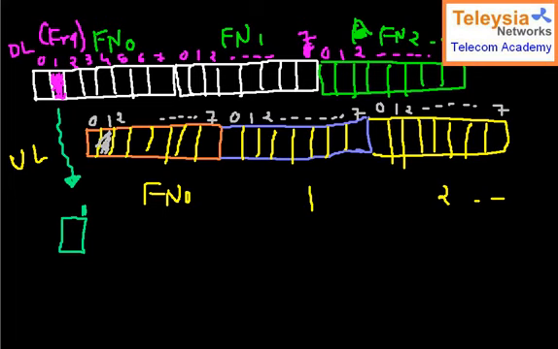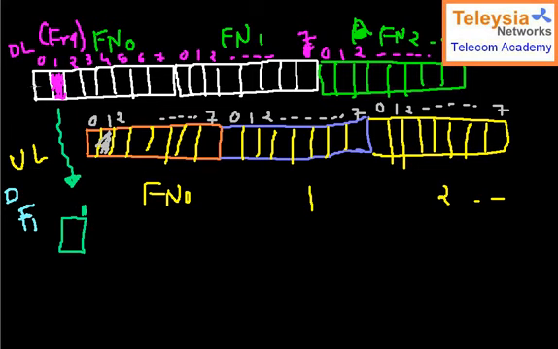As I said, this is a pair of frequencies. Now I am receiving on my downlink frequency. Let's say my frequency in the downlink is f1, so I receive here.